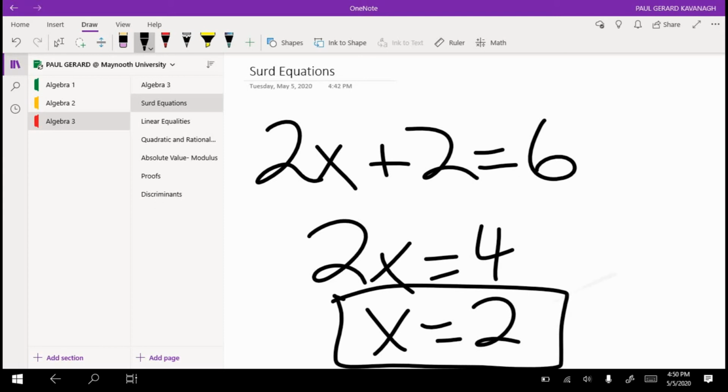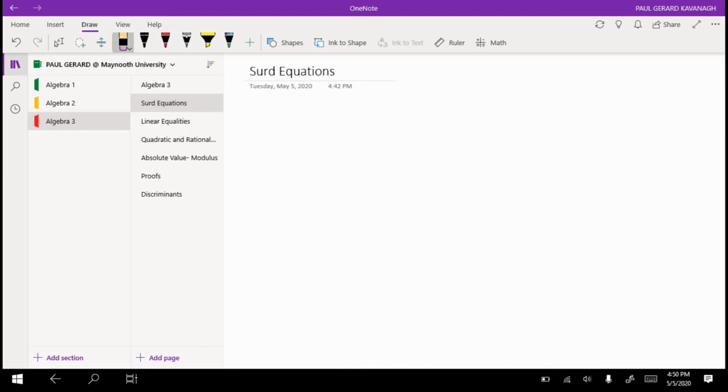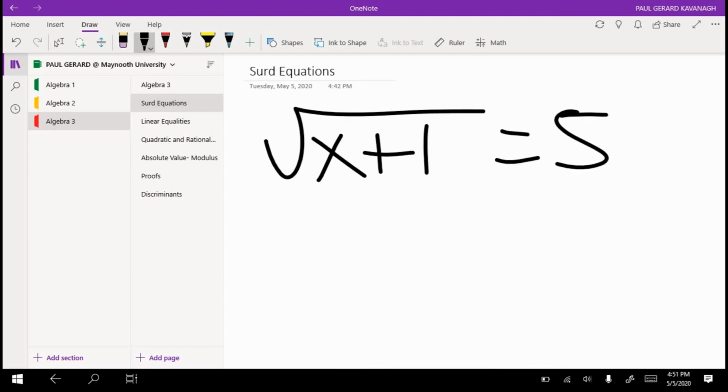The 2 is the root of x, but let's say in another context you have something similar to this: the square root, or surd, of x plus 1 is equal to 5. The surd sign basically just means the square root.